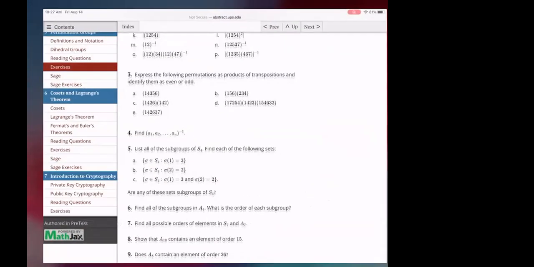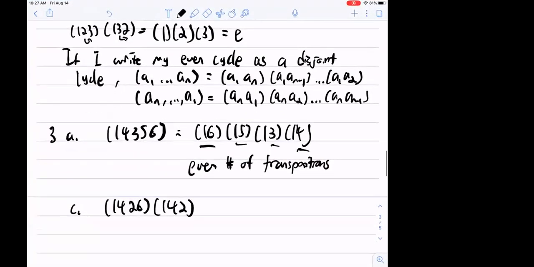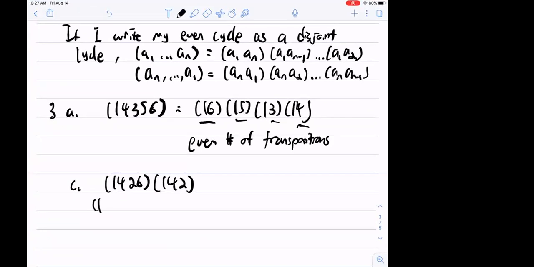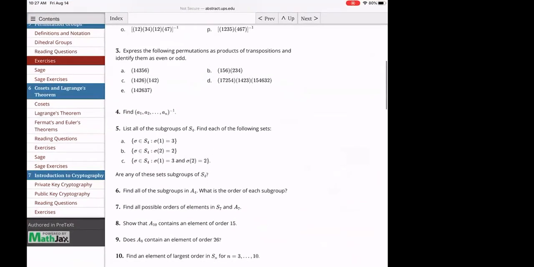And so here, if it's to express it as an even number of transpositions, you just do the same thing, right? And then this is 1, 2, 1, 4. Right, so this is actually odd. Not that hard. So moving on.